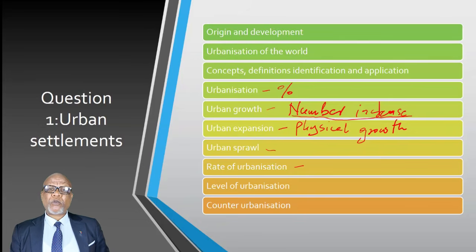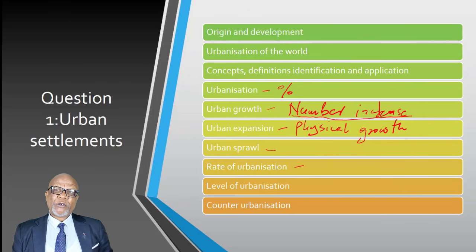Because of poor living conditions, many people are rushing out of rural areas to urban areas. So the rate of urbanization in poor countries is high. But when you're looking at rich countries, the quality of life in rural areas is not so bad. So not many people are trying to move out of rural areas. So the rate is low.